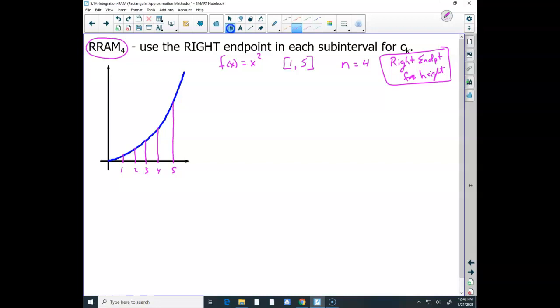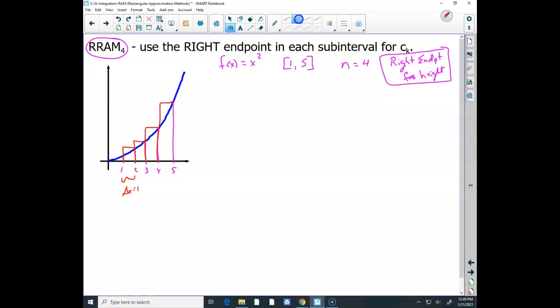But now if I'm using the right endpoints, I am looking for these rectangles. And hopefully you're like, woo, that's going to be an ugly estimate as well. And you're right. But notice, delta x still equals 1.